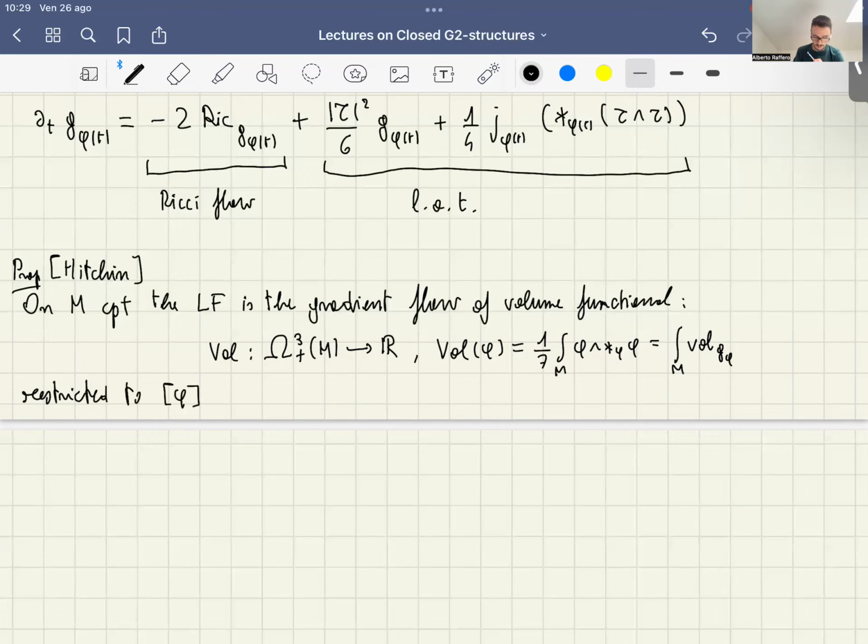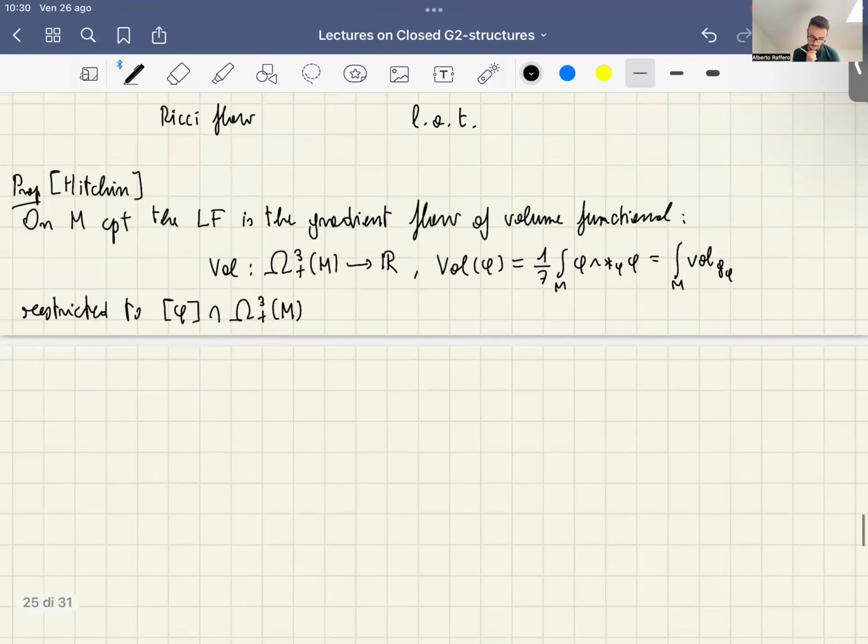of a given closed G2 structure you have. For instance, the given closed G2 structure you consider at time 0, where your flow starts from, intersected, of course, with the space of G2 structures on the manifold. So you have this interpretation of the Laplacian flow as the gradient flow of a suitable functional.